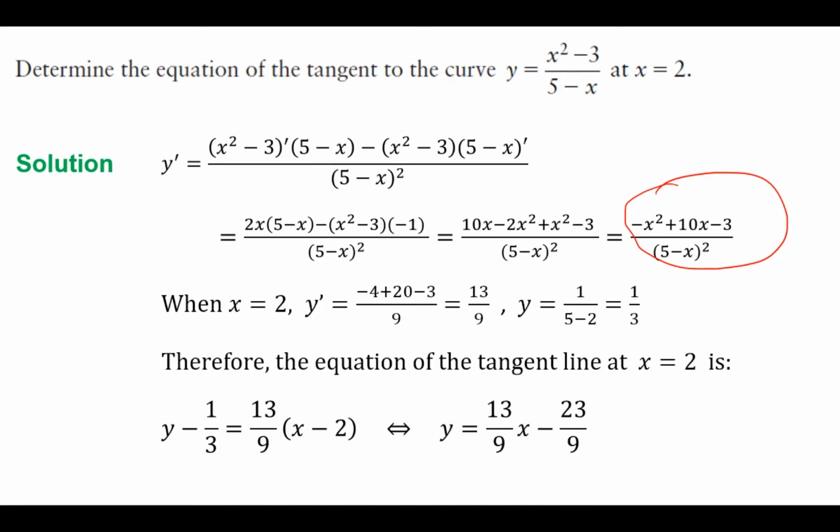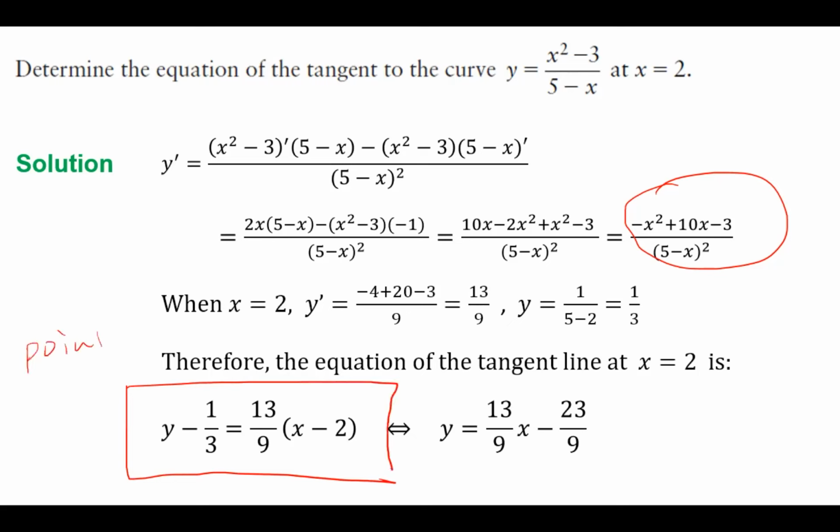And the image of that function at x equals 2 is 1 over (5 minus 2), which is 1 over 3. Therefore, we know this line crosses the point (2, 1/3) with the slope 13 over 9, right? According to the point slope form, this line can be expressed using this form.